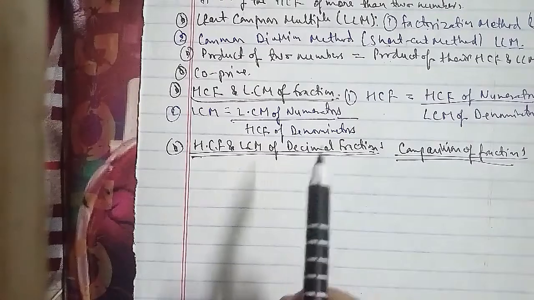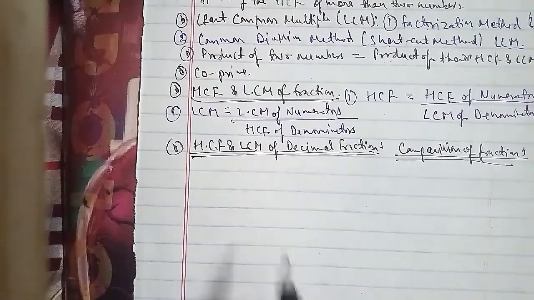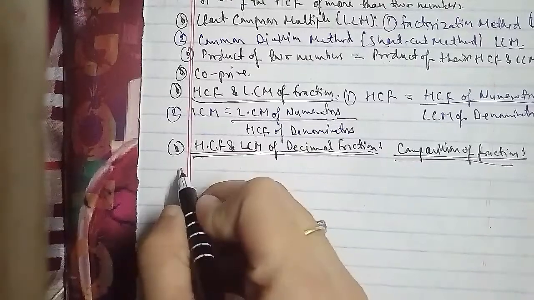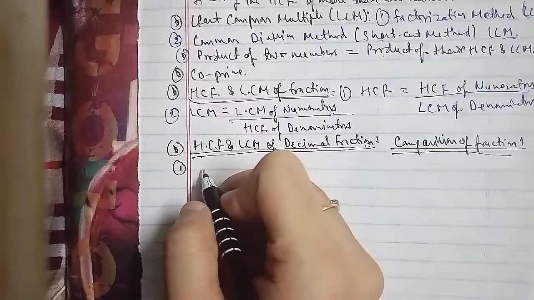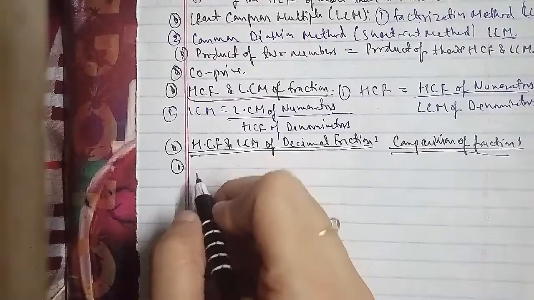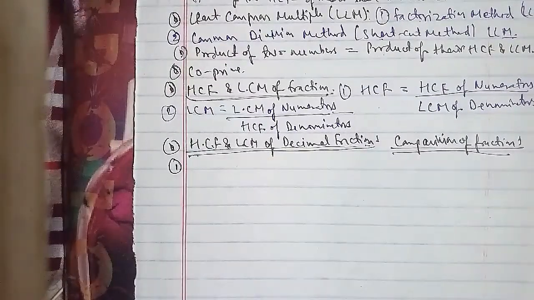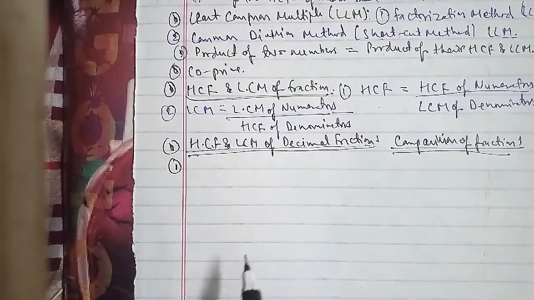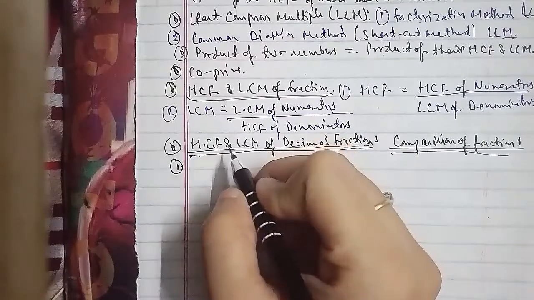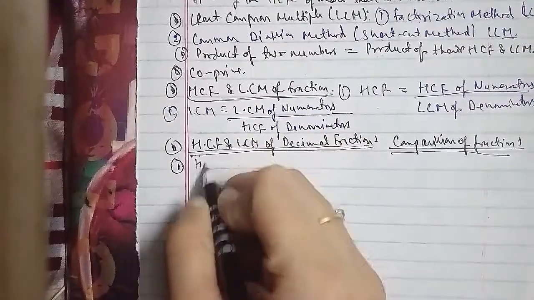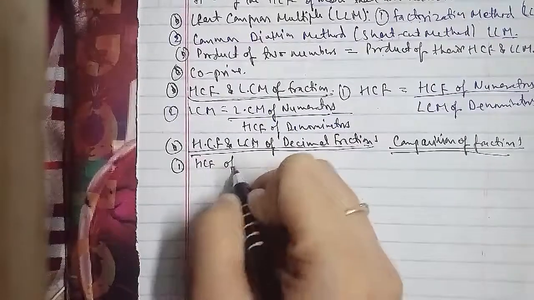The question is to find the SCF of: 2 power 3 multiply 3 power 2 multiply 5 multiply 7 power 4; then 2 power 2 multiply 3 power 5 multiply 5 power 2 multiply 7 power 8; and the other number, 2 power 3 multiply 5 power 3 multiply 7 power 2.